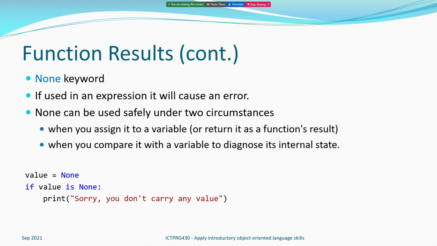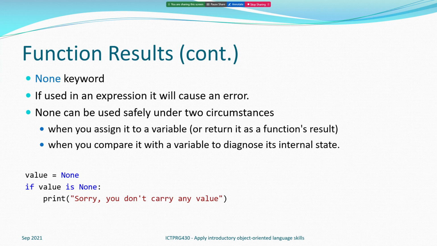Alright, next function, none keyword. So be careful where you use this one, because it can cause errors. So when you're assigning or defining a variable, we can use it there safely.